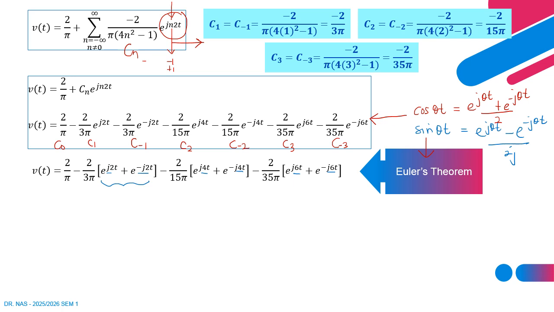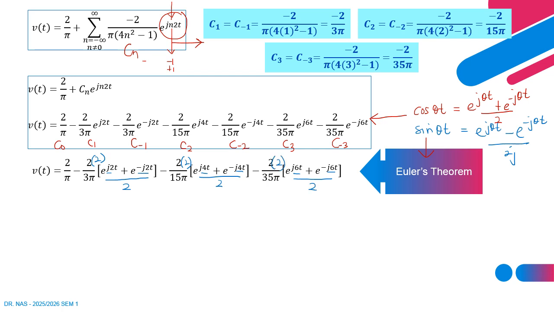To get this into cosine, it must be divided by 2, so you need to multiply here by 2. Same goes to the omega equal to 4, divided by 2, multiply with 2. And also the third harmonics, divided by 2, multiply with 2.